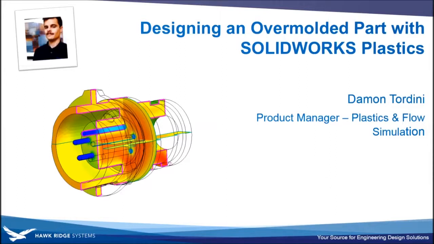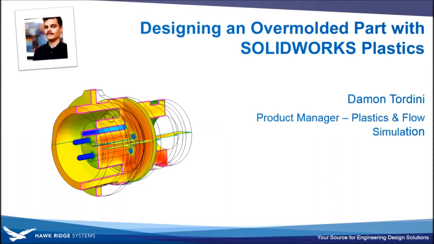I'm the product manager for plastics and flow simulation here at Hockridge Systems, and specifically what I want to talk about in this presentation is how SOLIDWORKS Plastics can work with the SOLIDWORKS 3D modeling design tools to help you make the right decisions when you're creating an insert overmolded part. And specifically, we're talking about that type of injection molding and manufacturing.